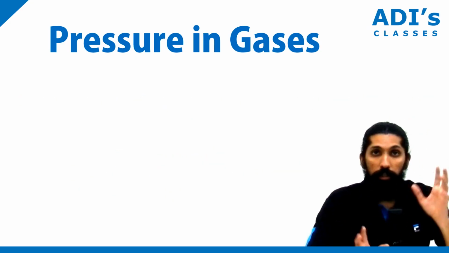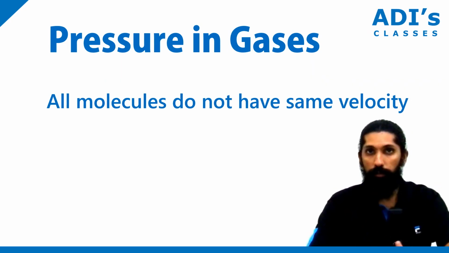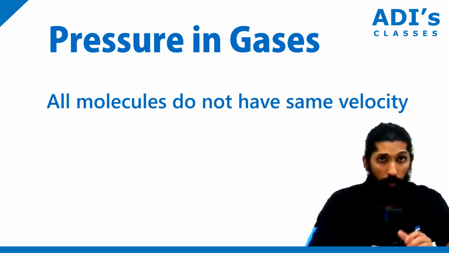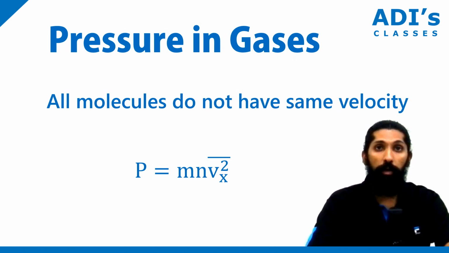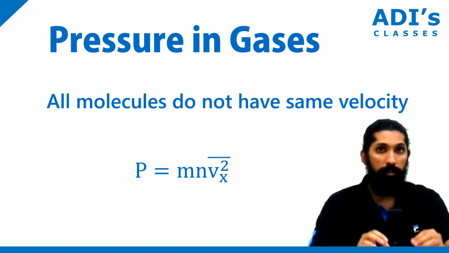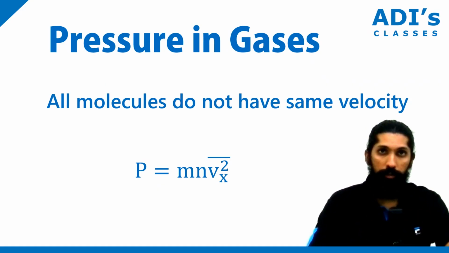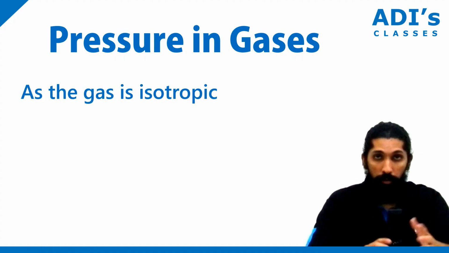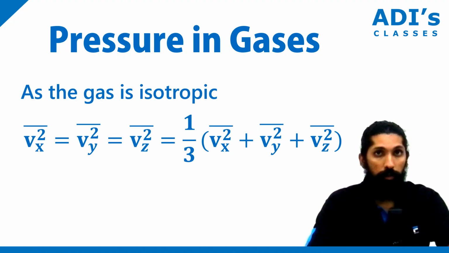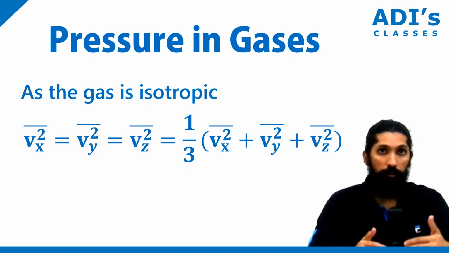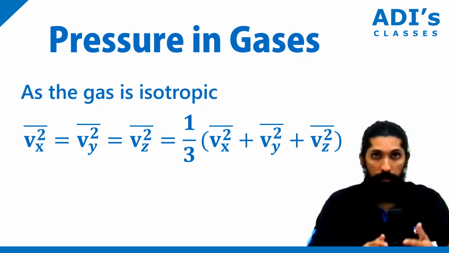A gets cancelled. All the molecules are not going to have the same velocity, right? So we are going to write P equals m n Vx square bar, where Vx square bar is the average. The same thing is there for y and z also. As the gas is isotropic, Vx square bar equals Vy square bar equals Vz square bar, which basically becomes 1/3 of Vx square bar plus Vy square bar plus Vz square bar.